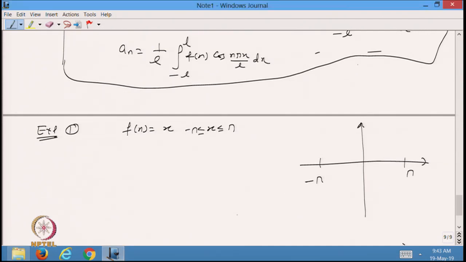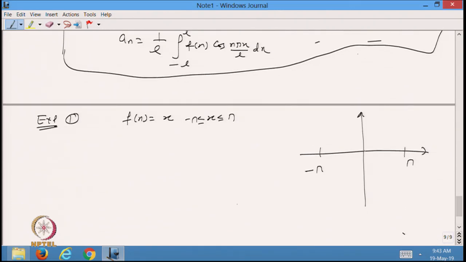So, this is a straight line. This is my function f(x) equal to x, and this function is well defined between minus pi to pi, and looking at this graph we cannot say that this function is periodic, because it is defined only for values from minus pi to pi.